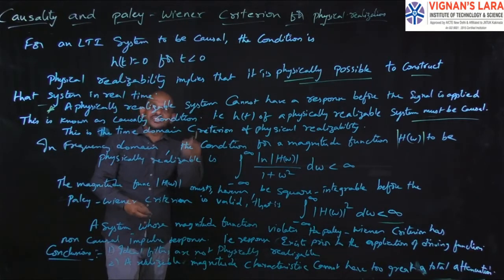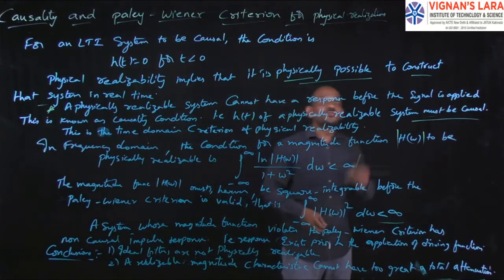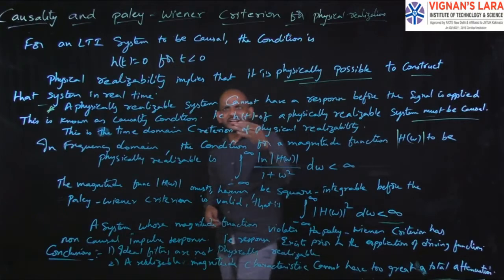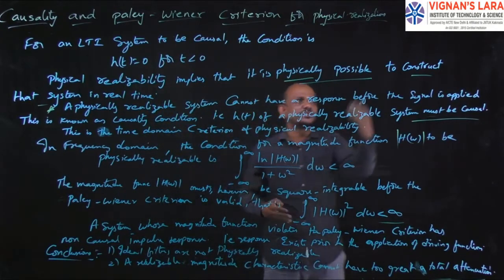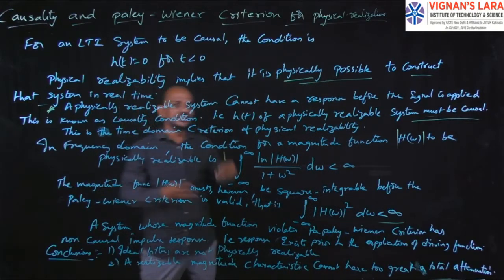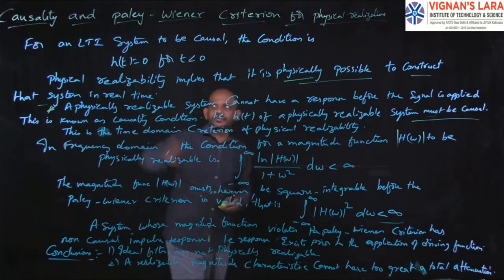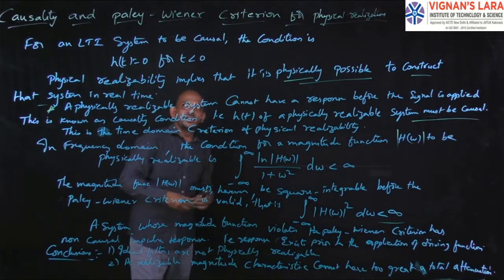So this is the explanation about causality and the Paley-Wiener criterion for physical realization. Physical realization implies that it is physically possible to construct that system in real time. For that we use causality and the Paley-Wiener criterion.